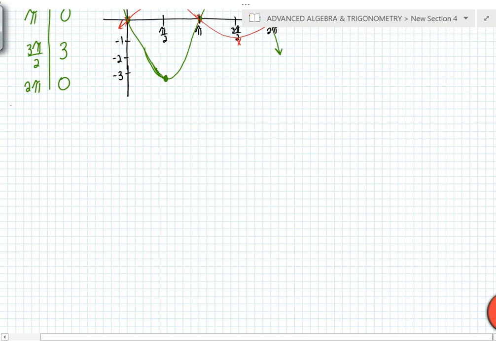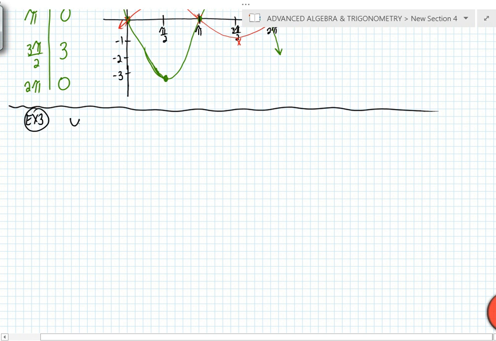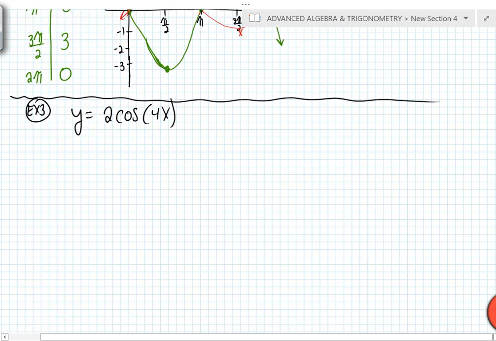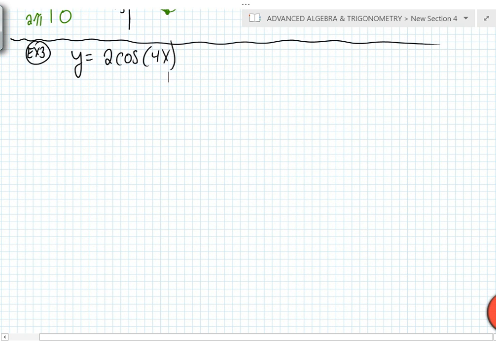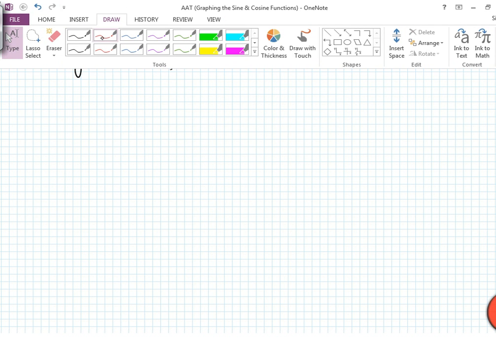So the third example I'd like to take a look at is y equals 2 times the cosine of 4x. We're going to move briskly on this one. Clearly that 4 is going to affect the period and 2 will affect the amplitude. So we have two different things that are changing our function.